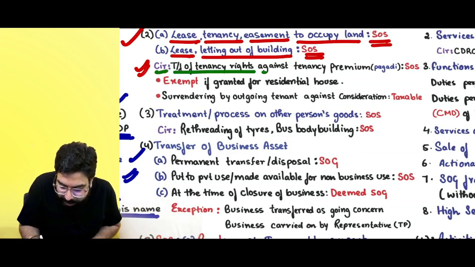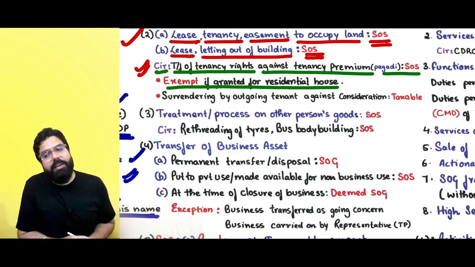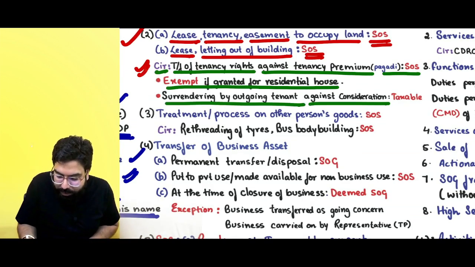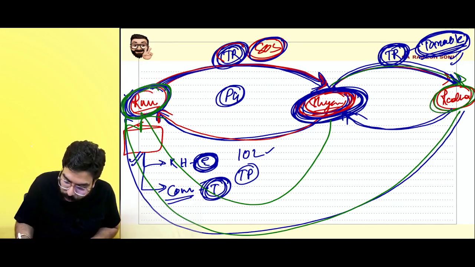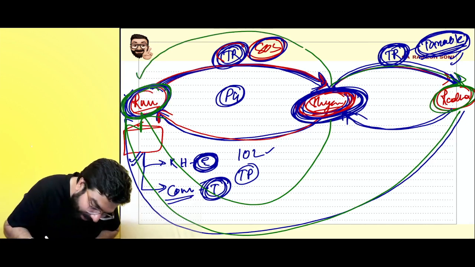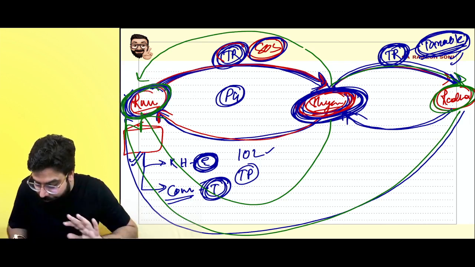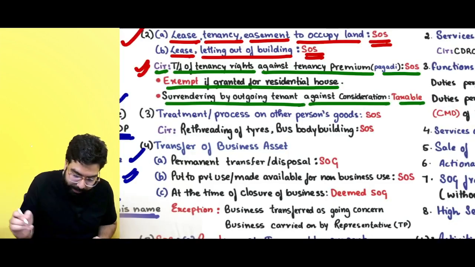Transfer of tenancy right against tenancy premium is a supply of service, grant exempt if it is granted for residential house. Surrendering by the outgoing tenant against consideration is always taxable. Whenever you are surrendering, giving it to this person, or selling it back to this person who is coming into the property now, it shall always be taxable. Done, sir.